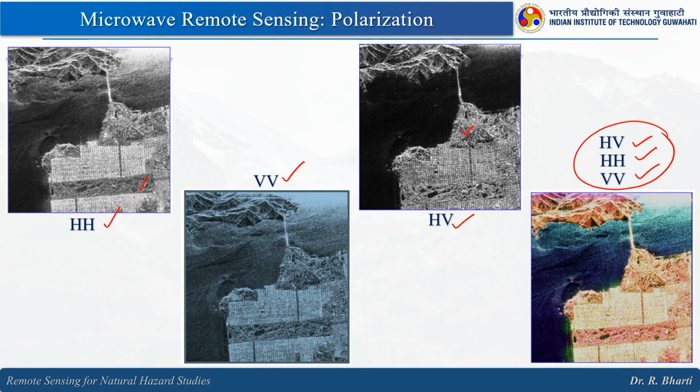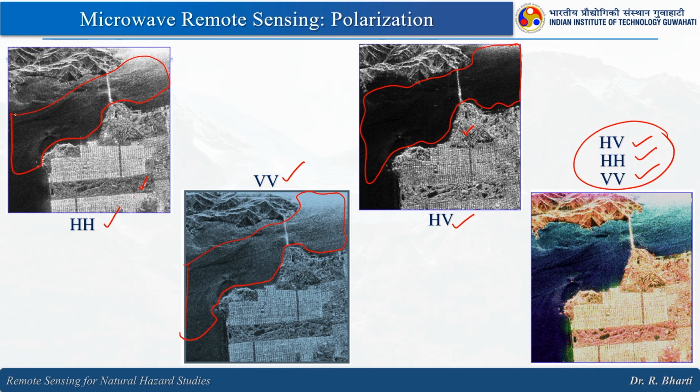In this particular HV image, this area does not have any information; it looks completely black. When we refer to VV, this area is showing the topography, and you can see the details here. When we refer to HH, again we have this information.